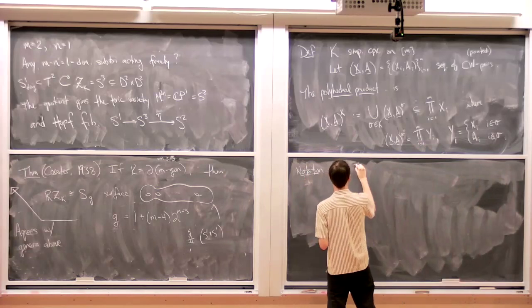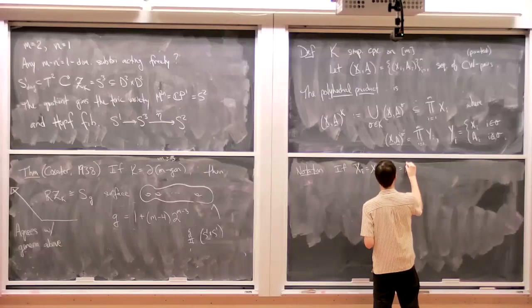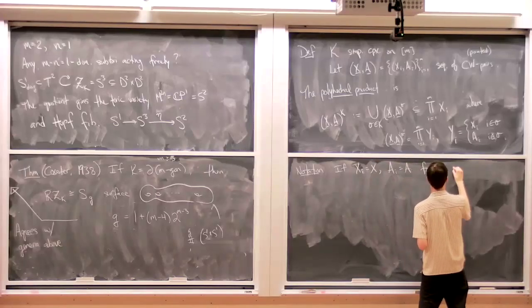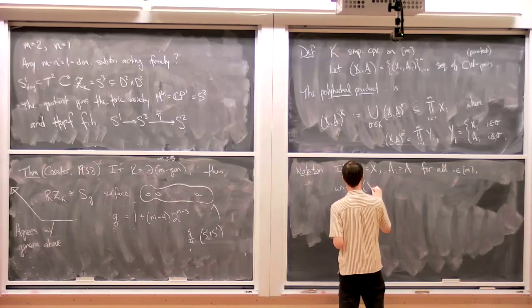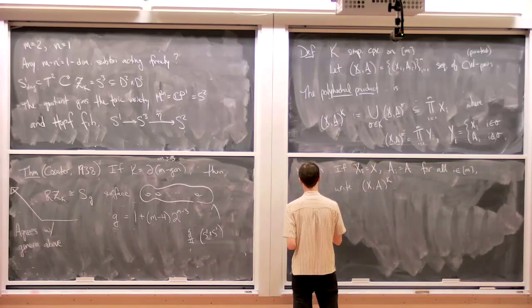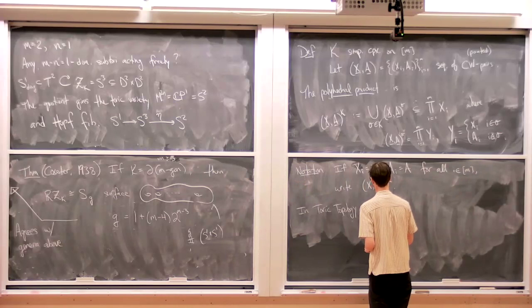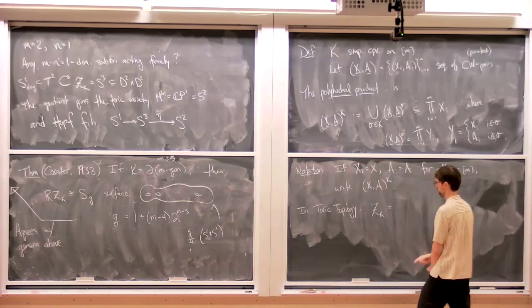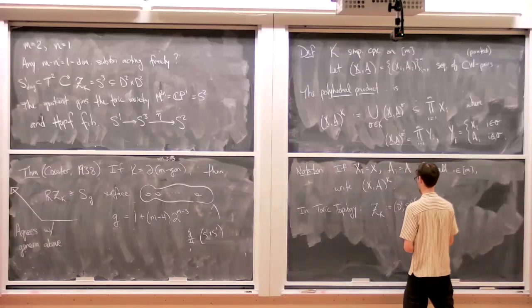So if X_i is just some space X, and A_i some space A, for all vertices, then let's just write X,A to the K. So in toric topology, we can now just concisely define spaces like this.